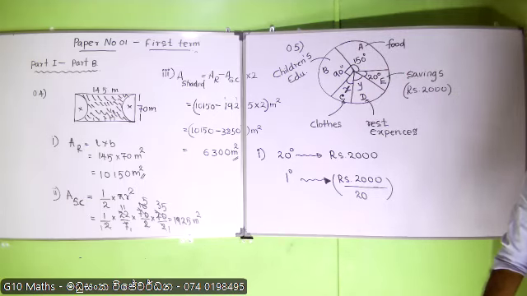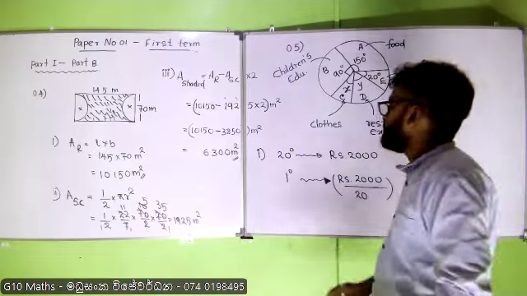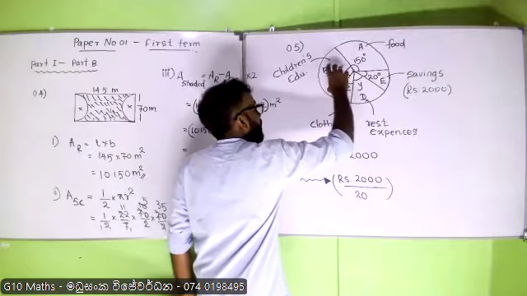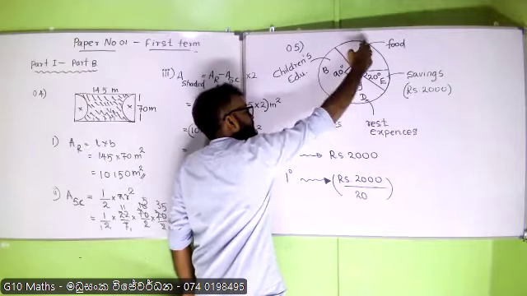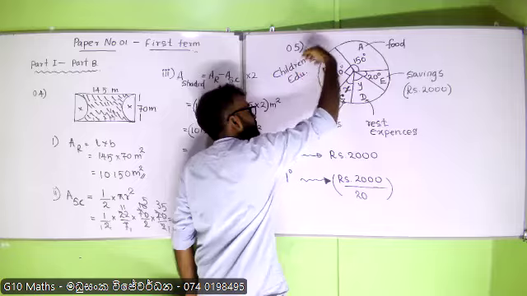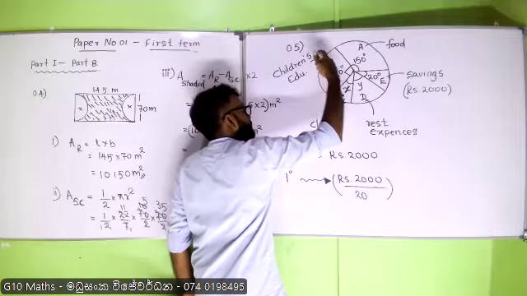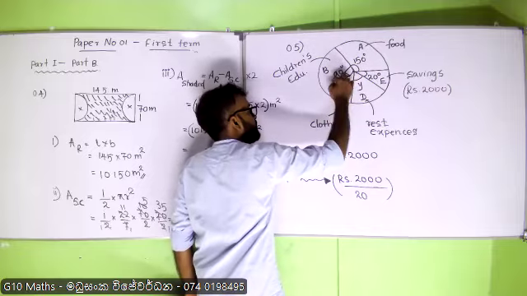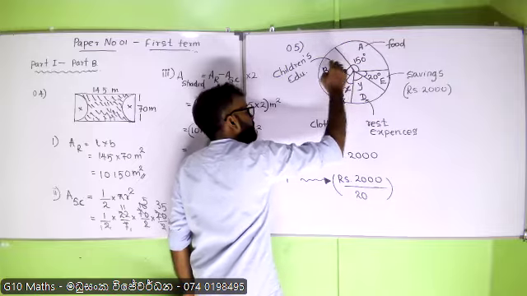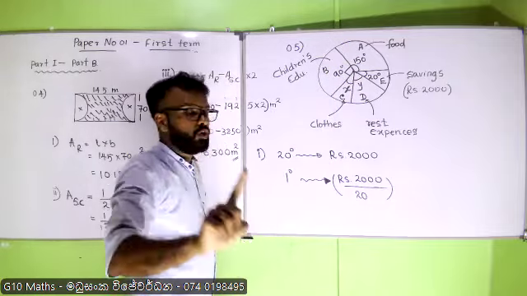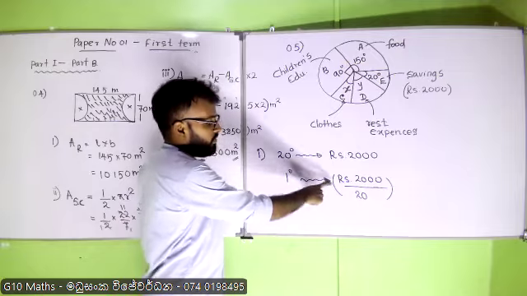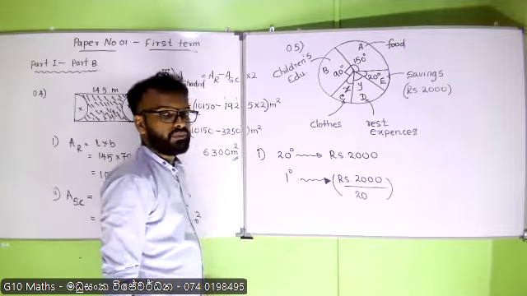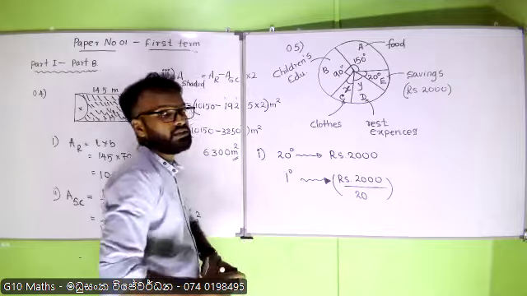Multiply by 360. Yes. I told you the monthly salary represents all these things: food, savings, education, clothes. That means this total circle is 360 degrees. Now we know the value for 1 degree, so we have to multiply this by 360.